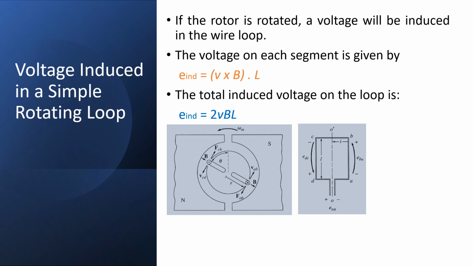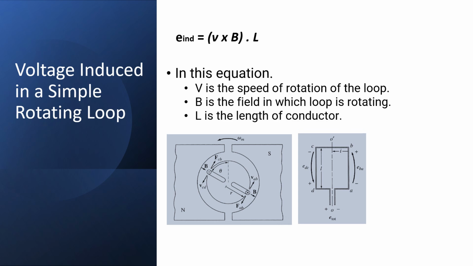For the total induced voltage, we have 2VBL. In this equation, V is the speed of rotation, and the capital letter B is the field in which the loop is rotating, meaning the magnetic field, and L is the length of the conductor.